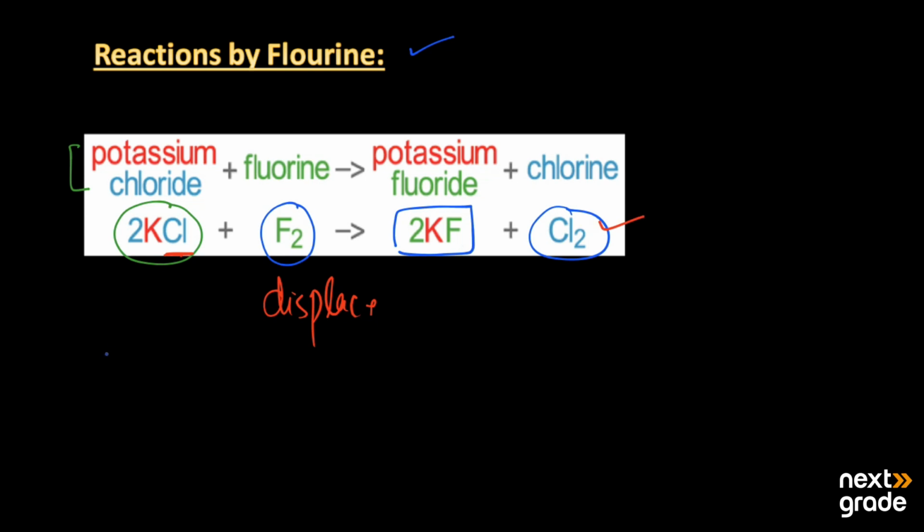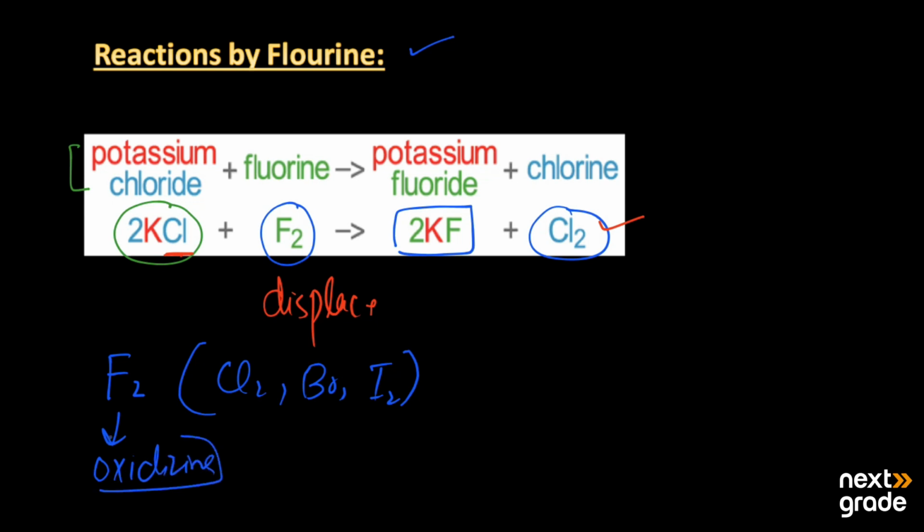Among all the halogens, fluorine can displace chlorine, bromine, and iodine because the oxidizing power of fluorine is the highest. That's why it can displace all the remaining halogens in a chemical process.